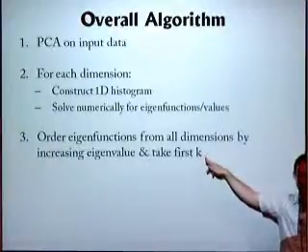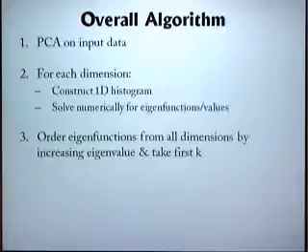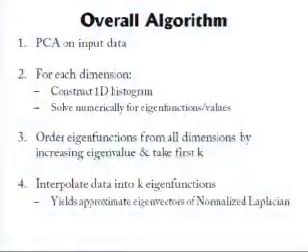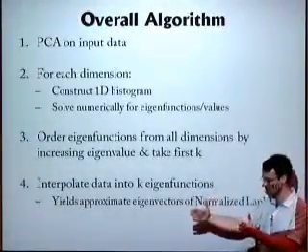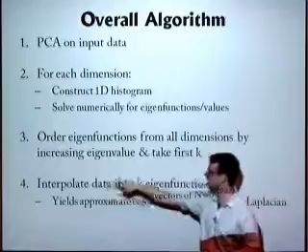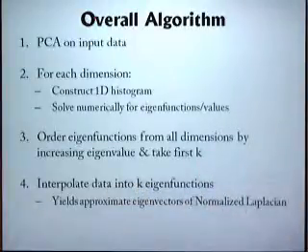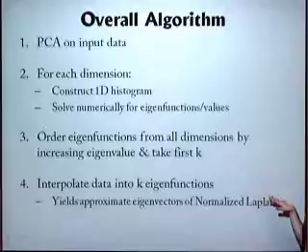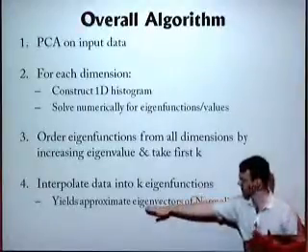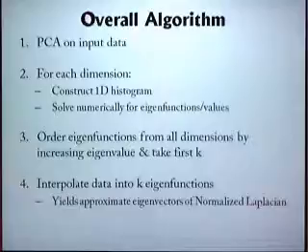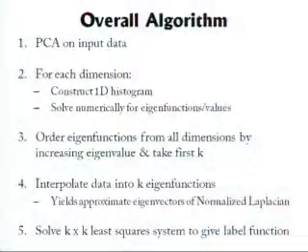You have to decide how many you want to look at, so maybe make k equal 64 or 128 or something like that. For those k eigenfunctions which have the smallest eigenvalues across all dimensions, you take your data and interpolate into them. That gives you an approximate set of k eigenvectors of your normalized graph Laplacian that you can then plug into that least squares system we were looking at earlier and solve to give you the label function of your data.